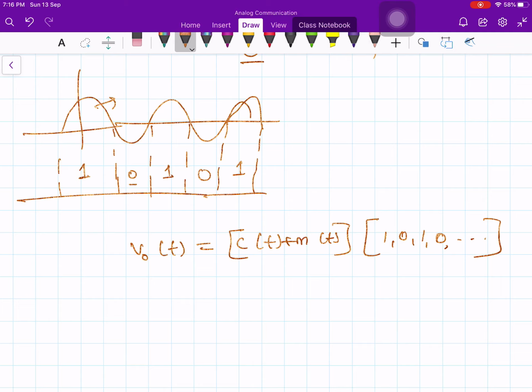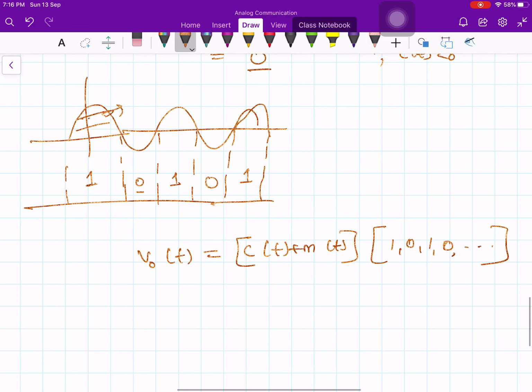So, this is the kind of multiplication taking place now. In this half cycle you are multiplying the input voltage with 1, in this negative half cycle you are multiplying by 0, and in this positive half cycle you are multiplying by 1. Therefore, you are multiplying by a kind of square pulses of 1 and 0.